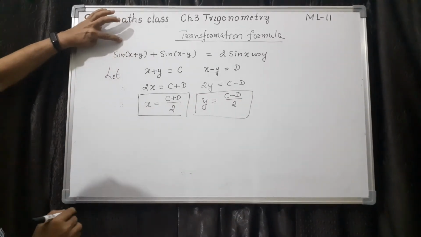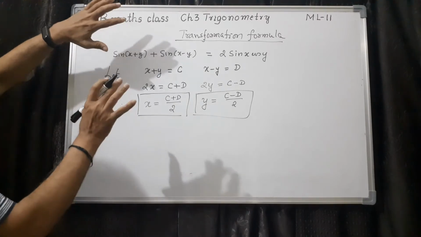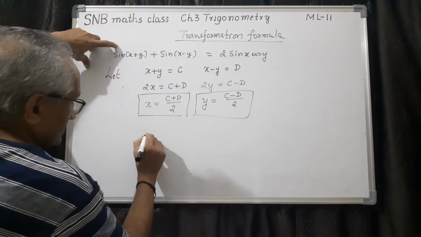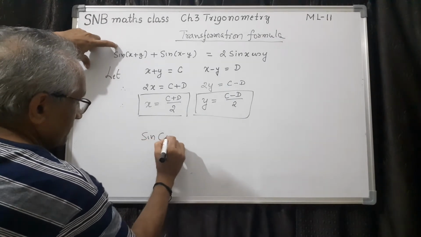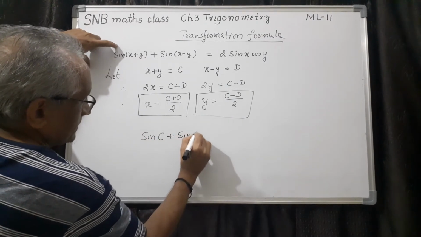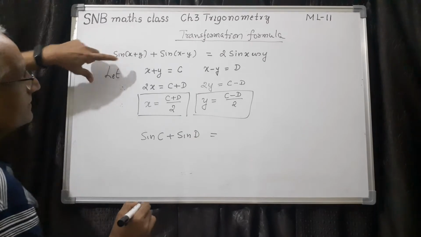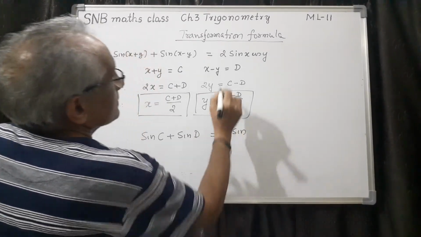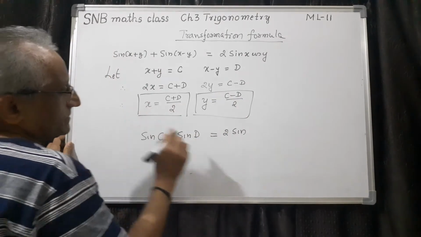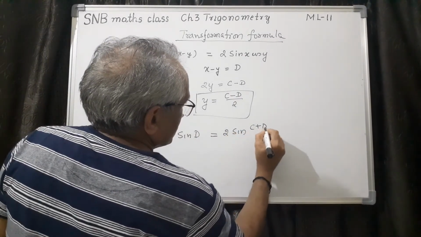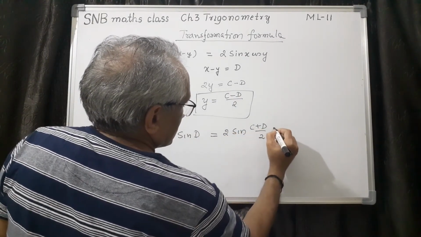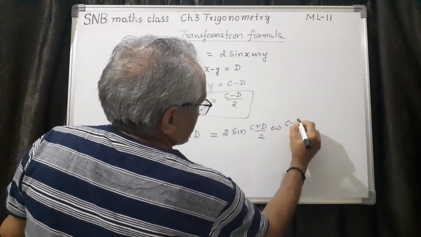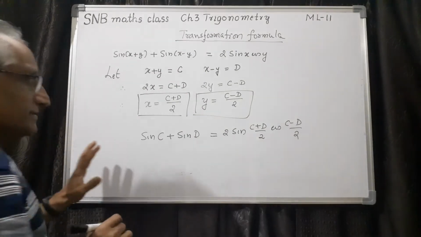Substitute here now. You will get the same formula only, but in a different form. So this becomes sin C plus sin D on the left side, and here it will be 2 sin of C plus D by 2, and cos of C minus D by 2. This is the formula.